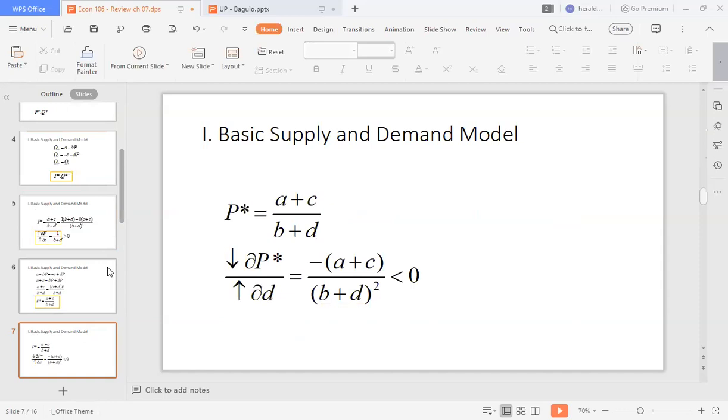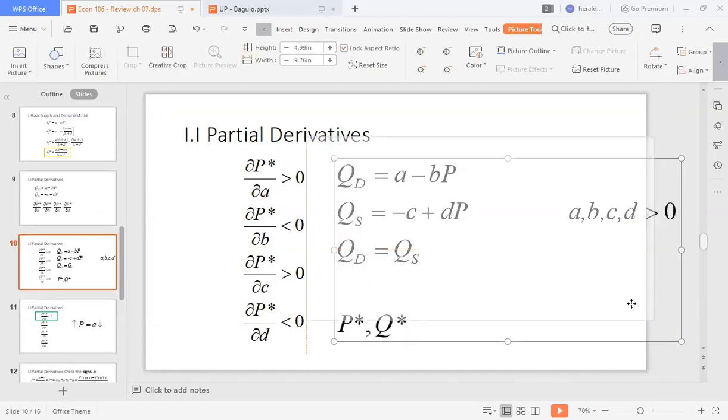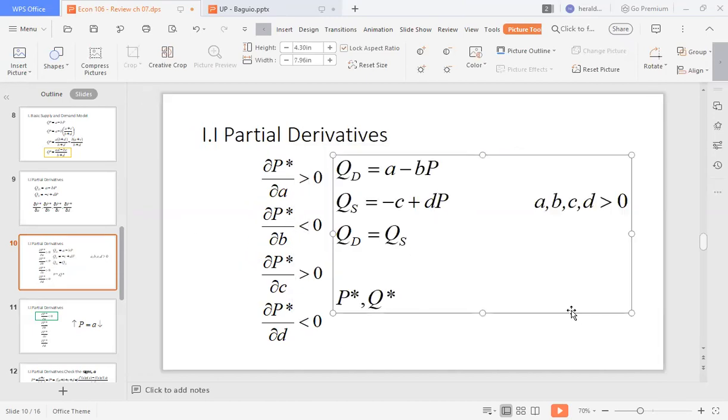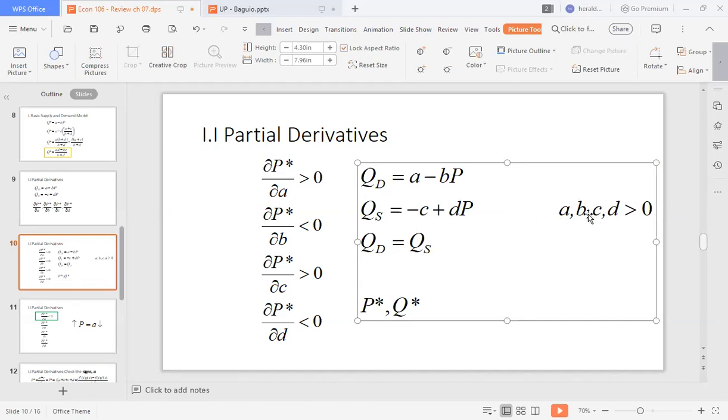Okay, so when we go back to the model right here, class, we started with this demand and supply function. We also noted that these are the assumptions in the model. We know that any of the changes in these parameters would have this effect on the equilibrium values P star and Q star.